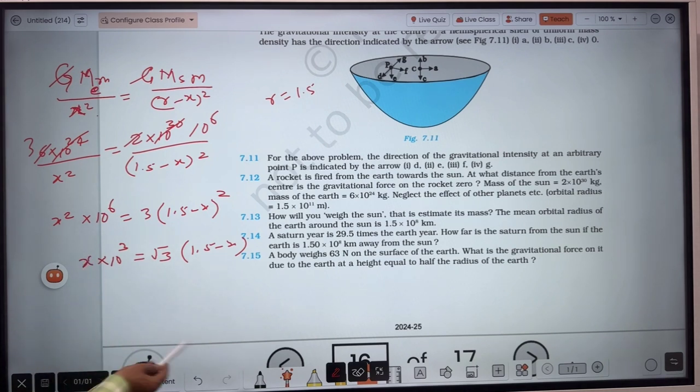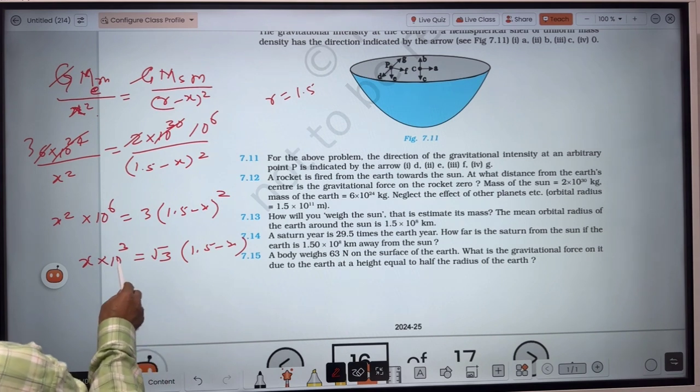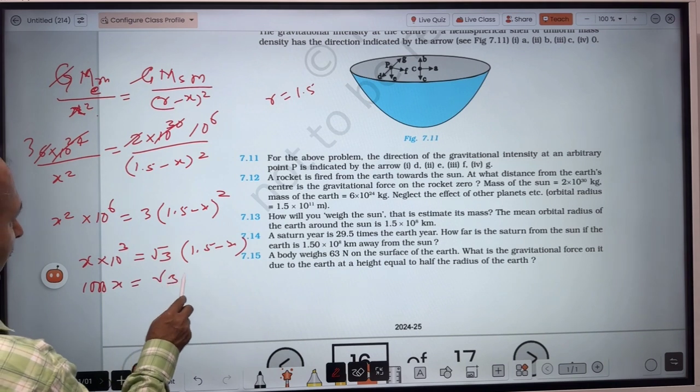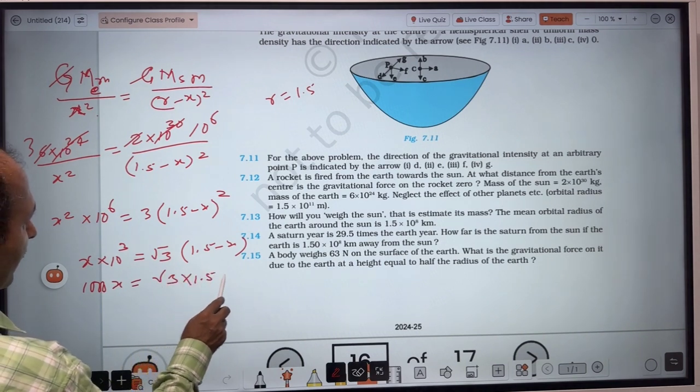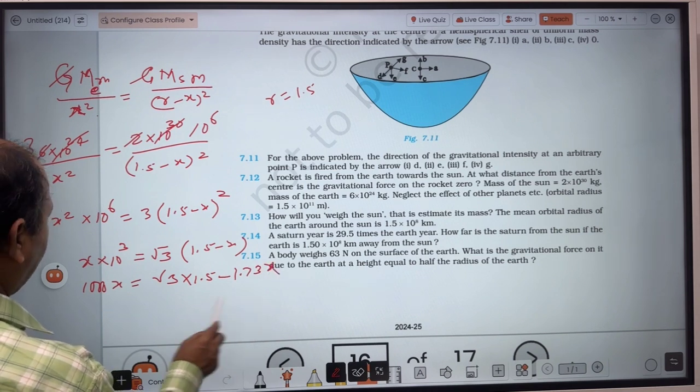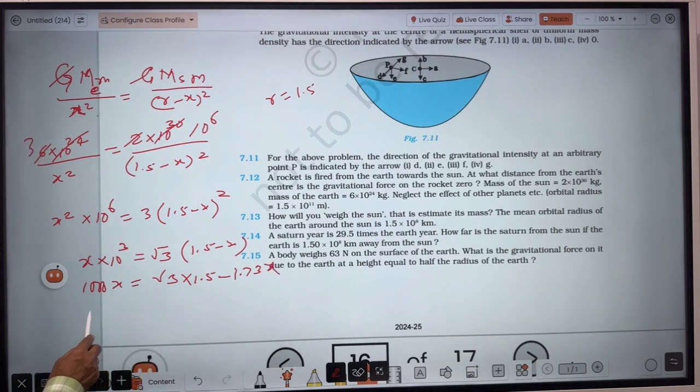If there is a problem, I will tell you another way also, don't worry. But everything is correct up to here, so nothing to worry. So here this is 1000 X equal to root 3 into 1.5 minus 1.73 X. Take this value here.